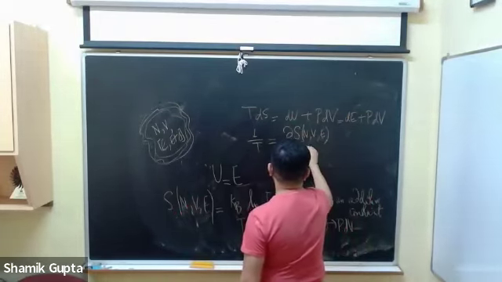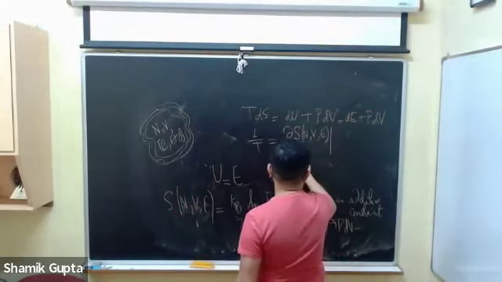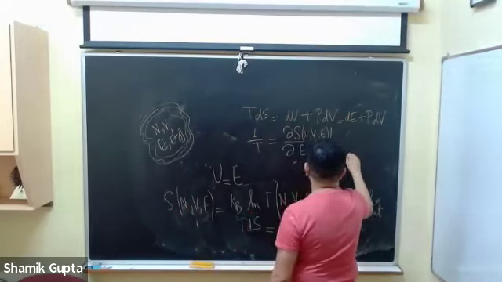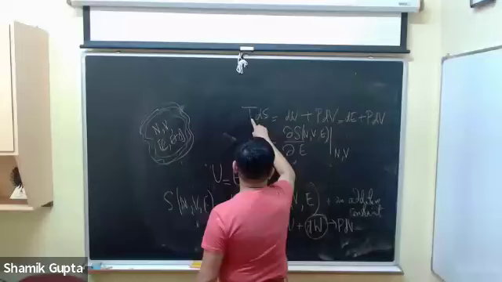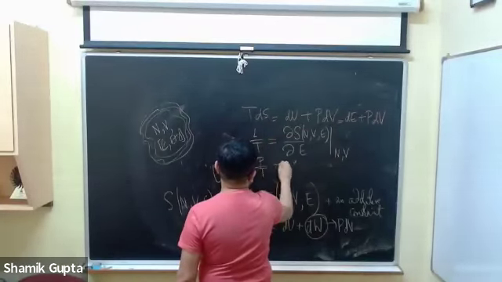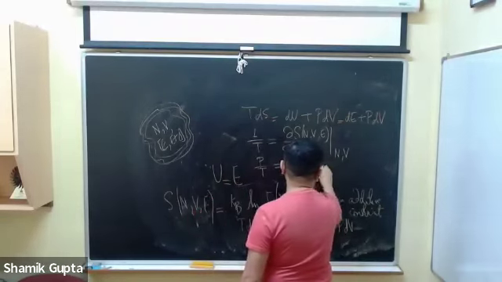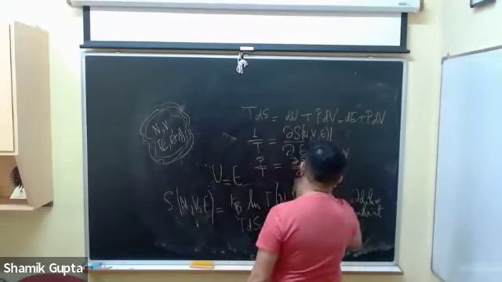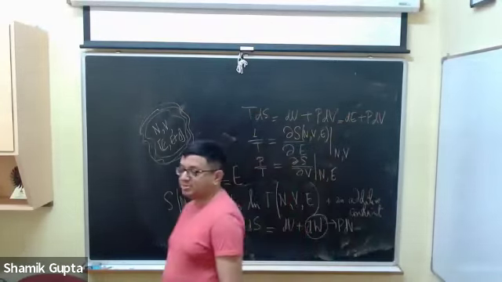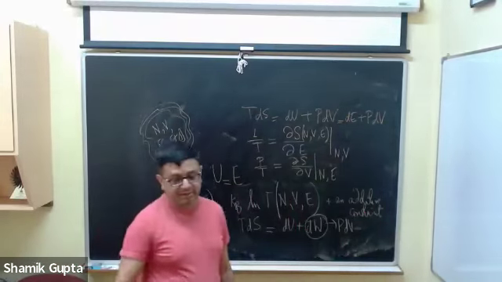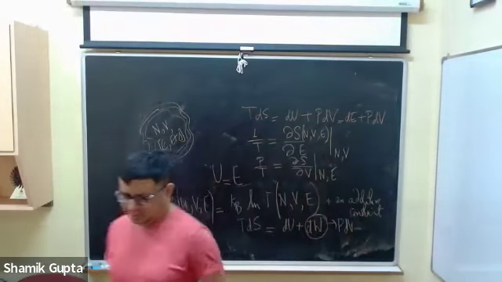Temperature is nothing but the inverse of the derivative of entropy with respect to E, keeping the number and the volume constant. Similarly, P by T, just take the derivative here, you get the derivative of entropy with respect to volume, keeping the number and the energy constant. So now I have a complete connection between the microscopic world and the macroscopic world.